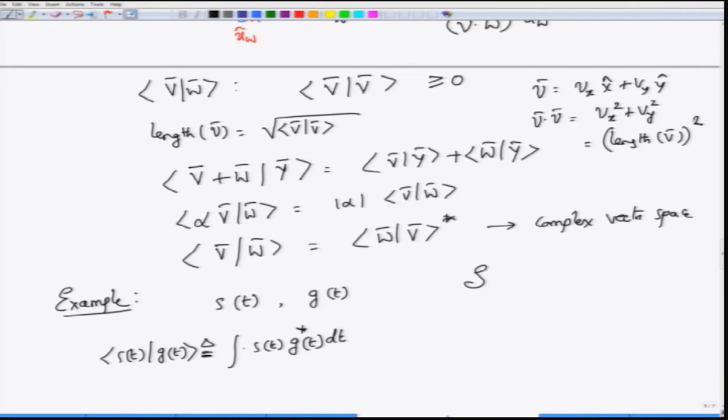If alpha happens to be a real number, then alpha will simply come and multiply S of t. So I can pull alpha out of the integral as long as it is constant. So the entire inner product is simply scaled up. The third, going in the reverse way, is if I consider the sum of two signals S of t plus G of t, and then I want to find the inner product of this sum with another signal, say Y of t, it is very straightforward that this equation is also satisfied.